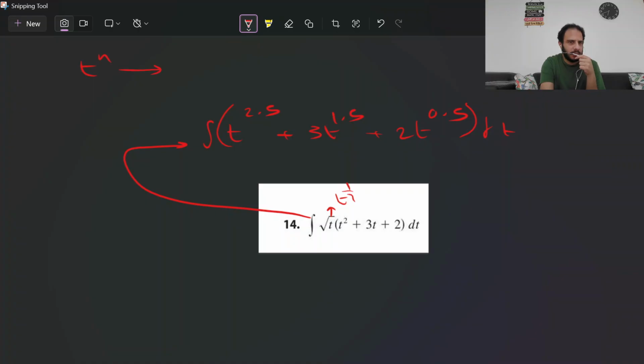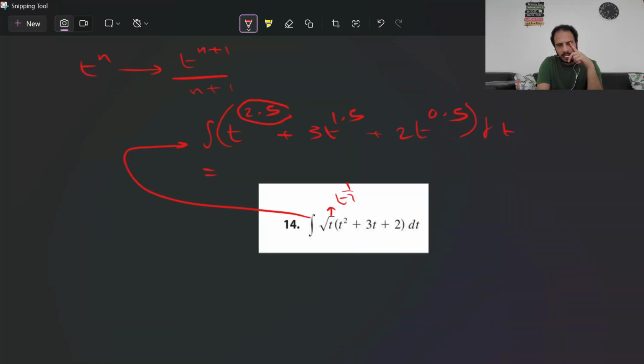You use this rule: when you integrate, you add 1 and divide by the new exponent, okay? Tell me your answer now. Can you solve it now or not yet? No, Professor. See here, you have 2.5, right?